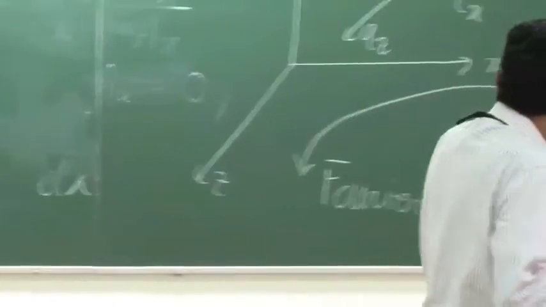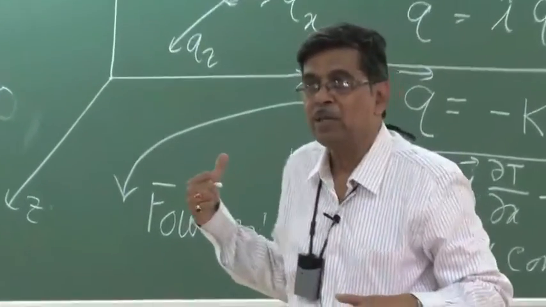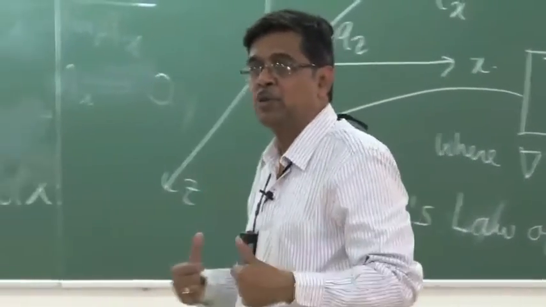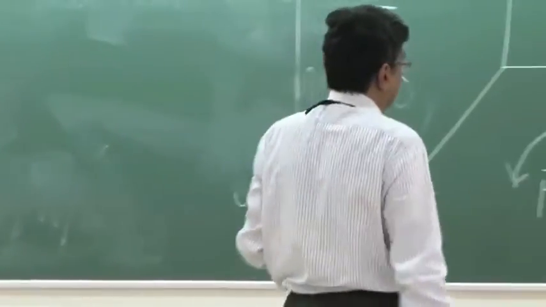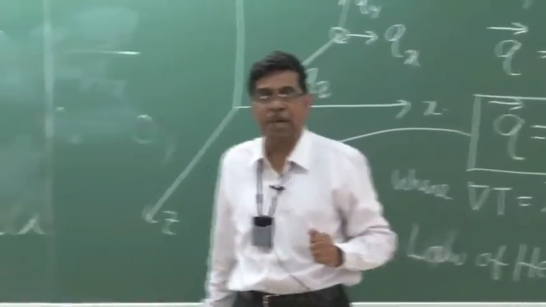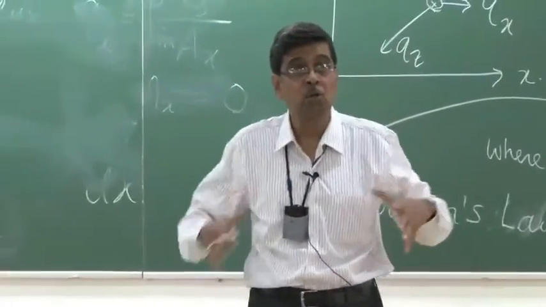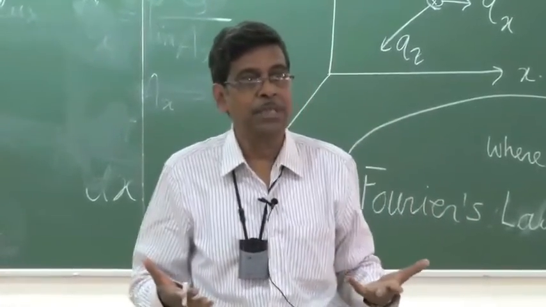As you saw here, thermal conductivity is a property which allows the heat to flow. For a given temperature gradient, the more the thermal conductivity, the more the heat flux. Now this property is attributed to certain molecular level physics.